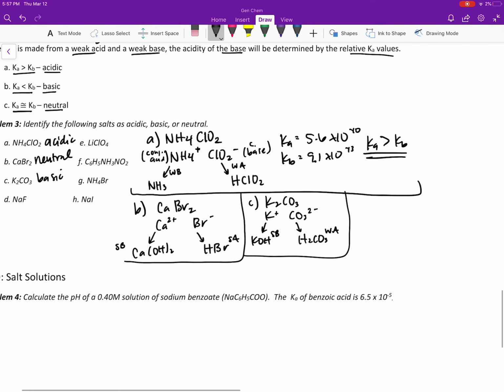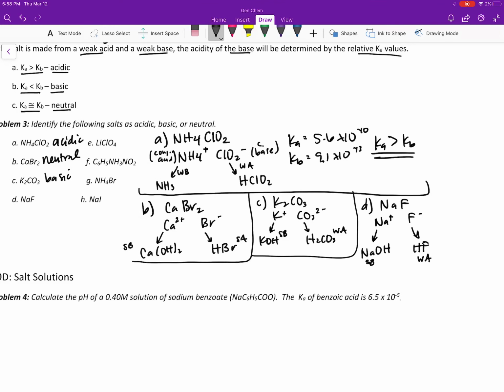In D, we have NaF, sodium fluoride. This is Na plus, fluoride minus. The sodium comes from NaOH. The fluoride is going to come from HF. This is a strong base, weak acid, very similar to C, the one we just did, making this also a basic salt.